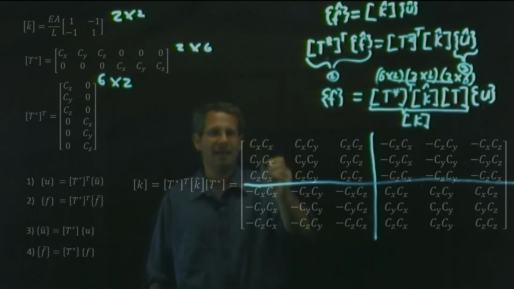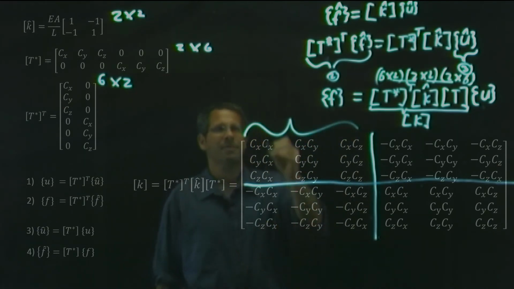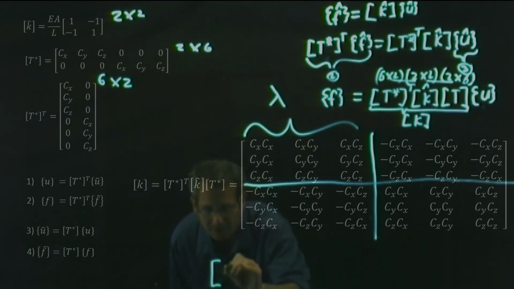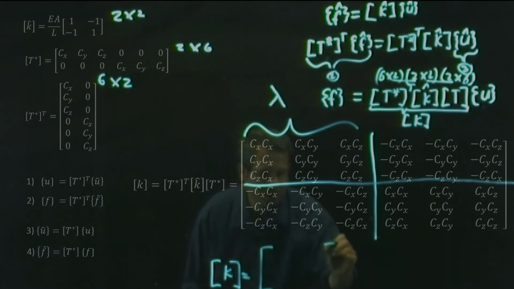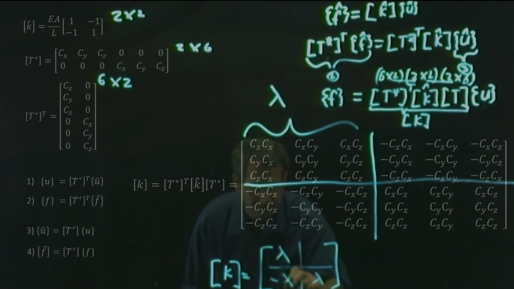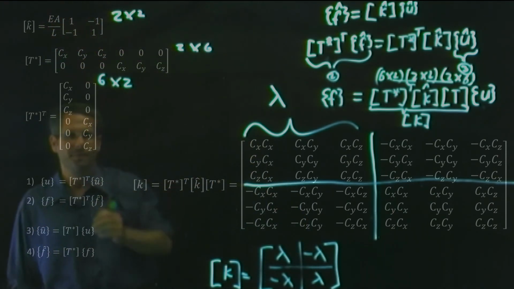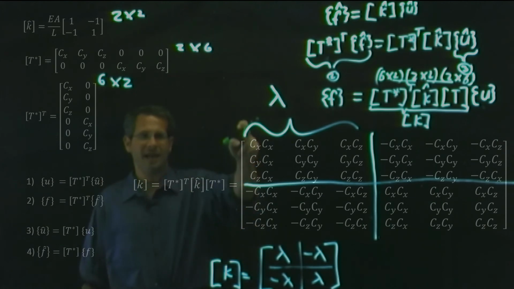So if I want to label this matrix something like, oh, say, lambda, then I can simply say that my new K matrix is equal to a supermatrix made up of lambdas, lambdas, and negative lambdas, negative lambdas. Also notice that this structure is the same as this structure.